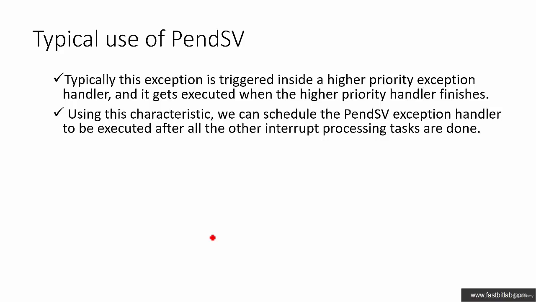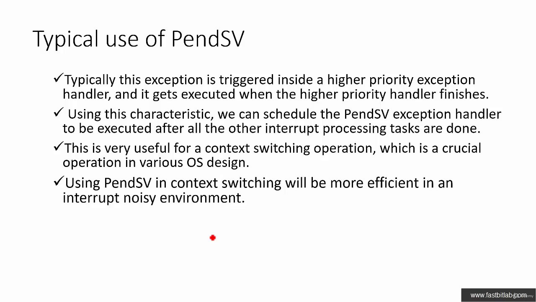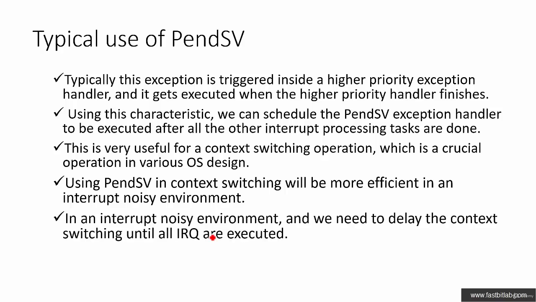That's the reason in an OS in an interrupt noisy environment, after all the IRQs are executed or finished, the PendSV handler will run. This is very helpful for a context switching operation, which is a crucial operation in various OS designs, and using PendSV in context switching will be more efficient in an interrupt noisy environment.